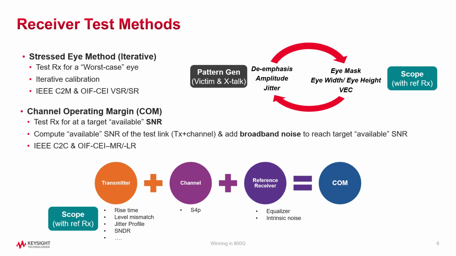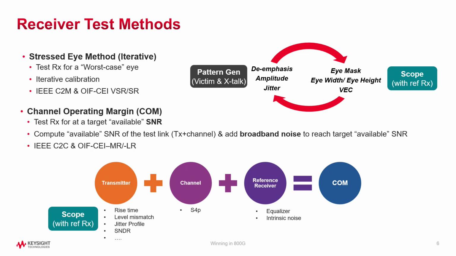There are two main stress methods for the electrical receiver test. The first one is the stress eye method, where the idea is to generate the worst possible electrical eye and stress the receiver with this eye. The second method is the channel operating margin, or what we call the COM method.